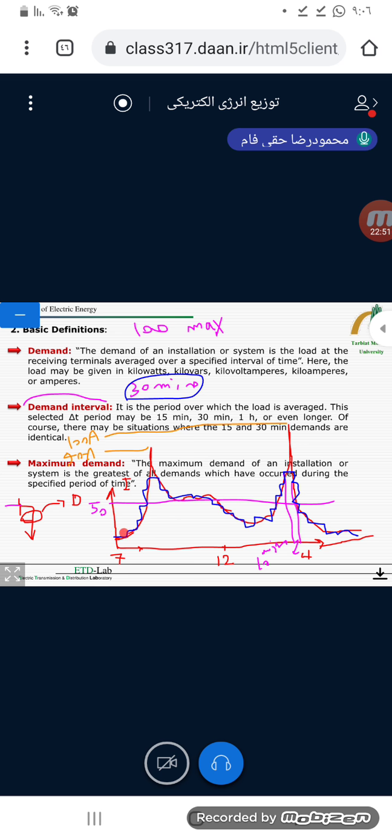The blue color, please see, is the demand curve. Demand curve, okay? Demand curve with demand interval equal to 30 minutes.